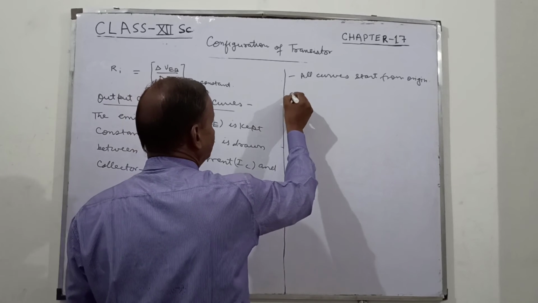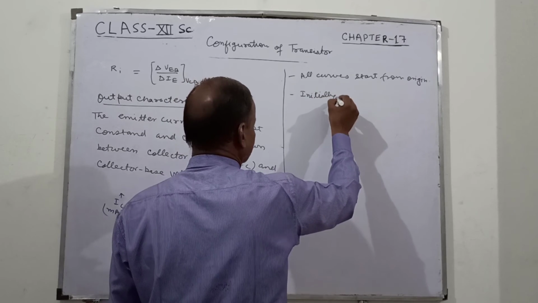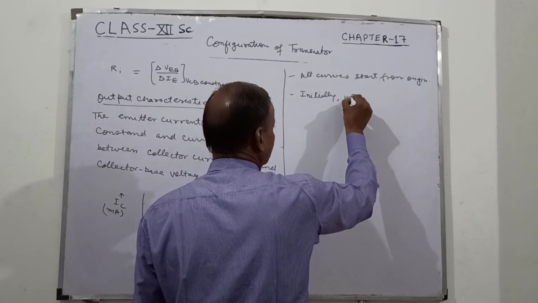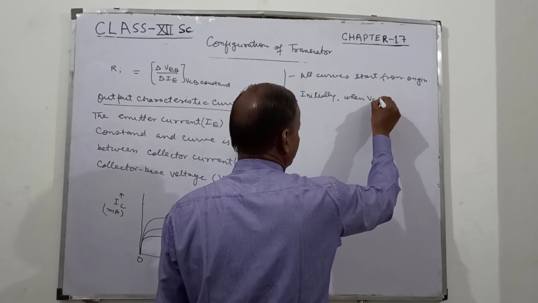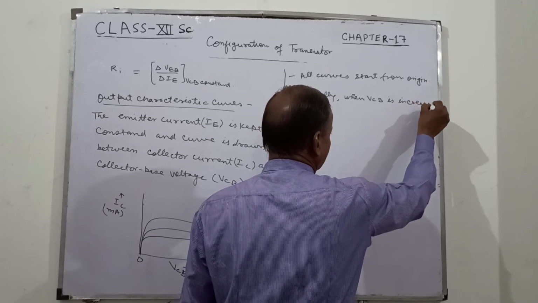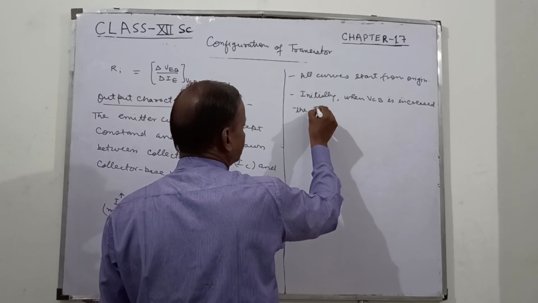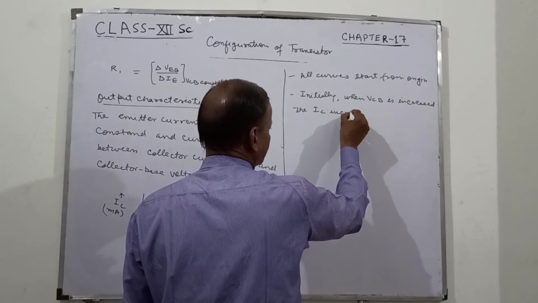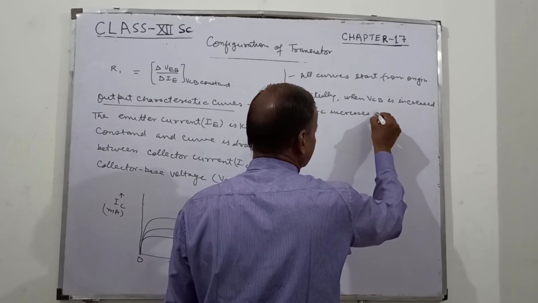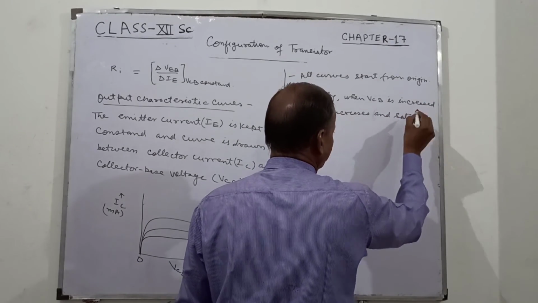You see that initially when VCB is increased, the IC increases and becomes saturated.